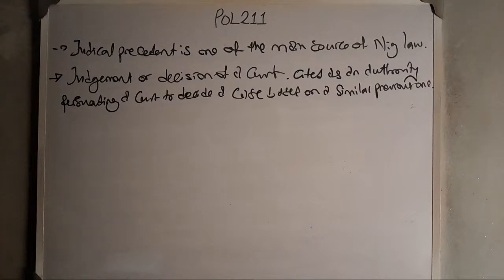Now let's take note of these abbreviations. We have the UNO, the AU, the ILO. These are treaties and resolutional bodies.